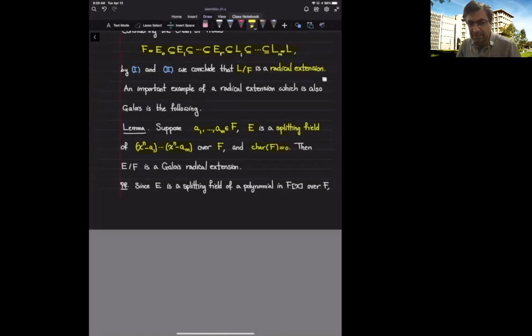One thing that I have to mention: we are using this convention where we call a polynomial separable when all of its irreducible factors do not have multiple zeros in their splitting fields. We are not assuming that the polynomial itself does not have multiple zeros.